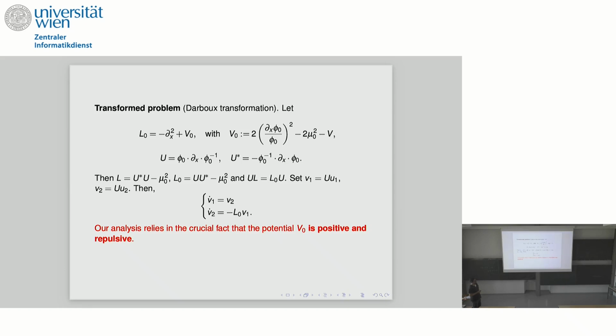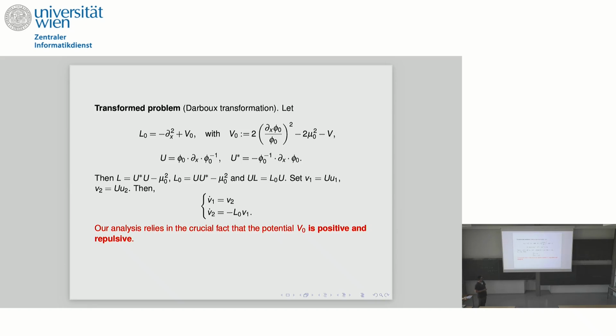So actually everything is not explicit. So what you have to do is to transform the problem to another problem with an operator L naught, with a potential V naught. We can graph the potential V naught. And after some work, we can prove that this potential V naught is positive and repulsive.